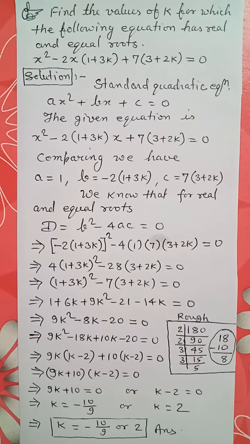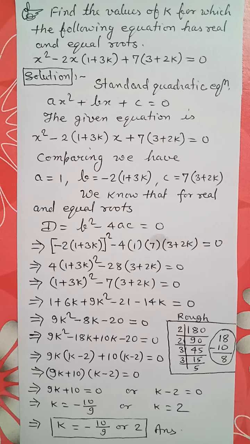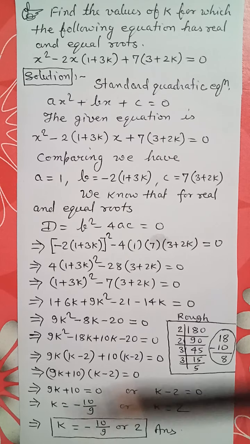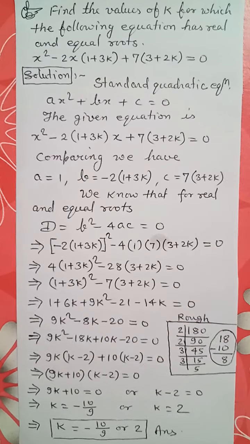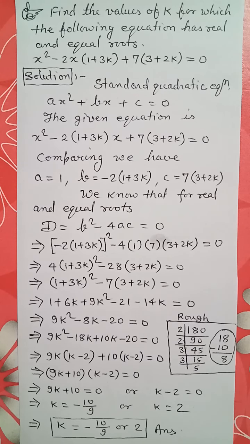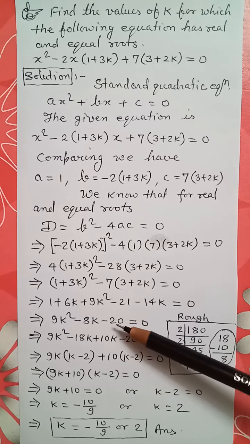Now in order to solve this quadratic equation, we want to solve it by splitting the middle term. Now what do we do in splitting the middle term? 9 multiplied by minus 20, that is minus 180.